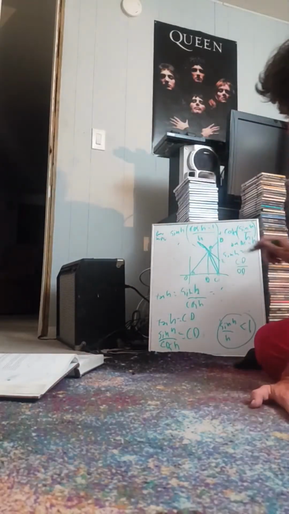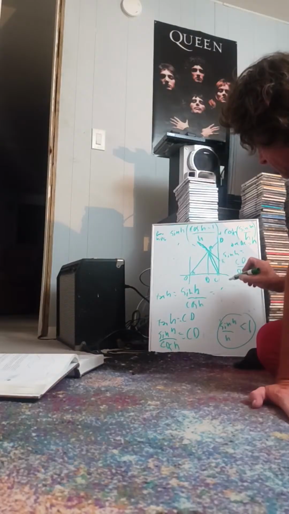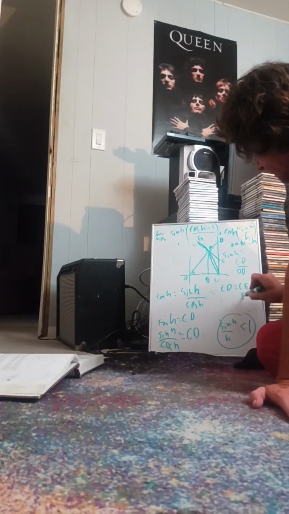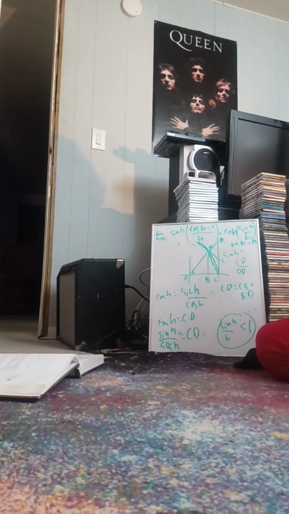Let's just figure this out. CD is equal to CE plus ED. We know that. Fair enough?